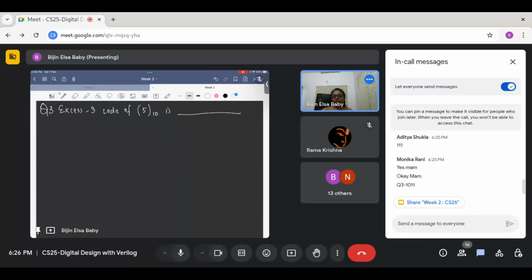Excess 3 code of 5. So how did you get 1011?